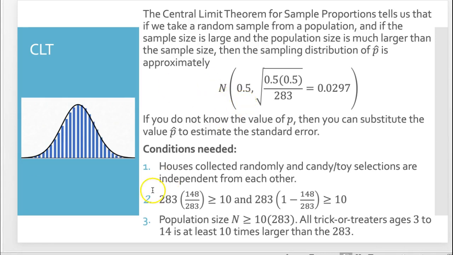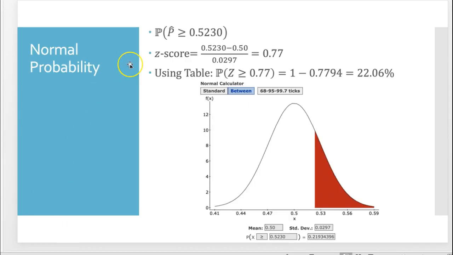Okay, just to wrap things up, now here's where we get to use the central limit theorem. I want to find the probability of observing a sample proportion that is at least 0.5230. If I use the z-score, I would do 0.5230 minus the mean, which is 0.50, divided by the standard error, which is 0.0297.